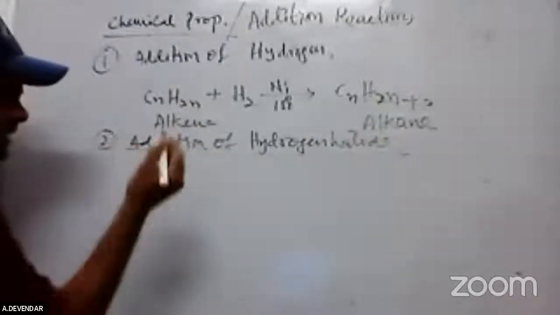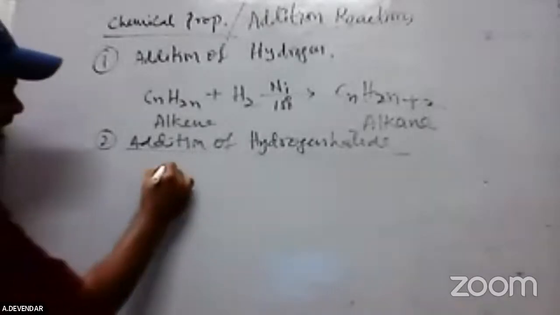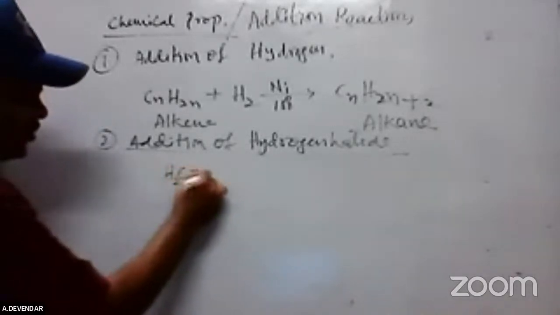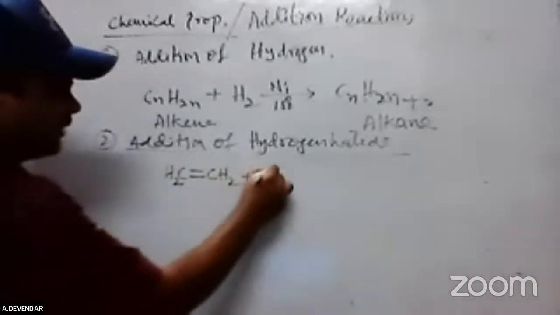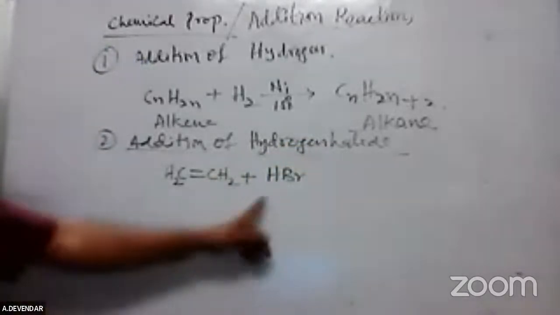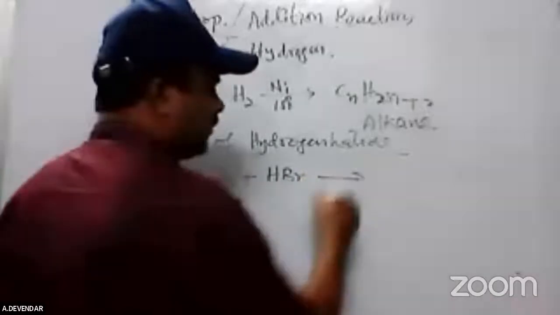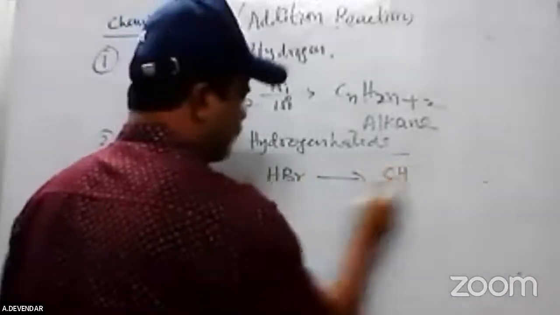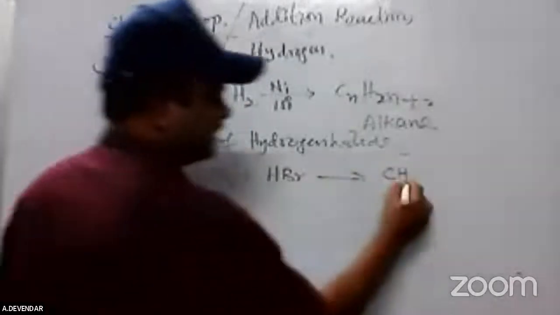See how it happens. We are using a simple mechanism. Suppose I am taking CH2=CH2. I am using hydrogen halide, that means HBr. So what is the formation? CH3, where hydrogen is added here. Then one bond is removed, why?